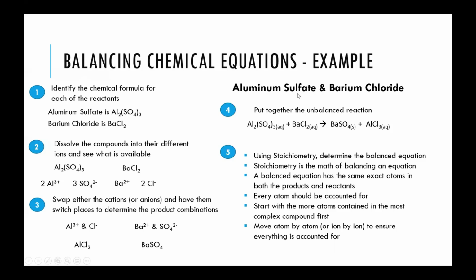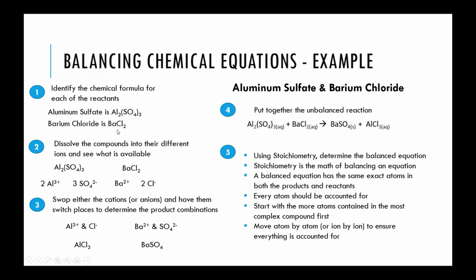So aluminum sulfate has the chemical formula of Al2(SO4)3. Aluminum has a 3+ charge. Sulfate ion has a 2- charge. So the whole compound is Al2(SO4)3. Barium chloride has the formula BaCl2.